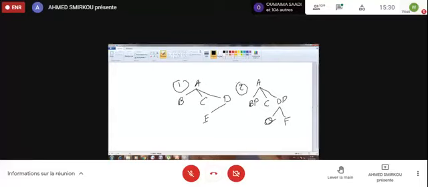Right, so example 1, does B govern E? Yes, Zainab? Professor, B does govern E because it asymmetrically secaments E. Understand?